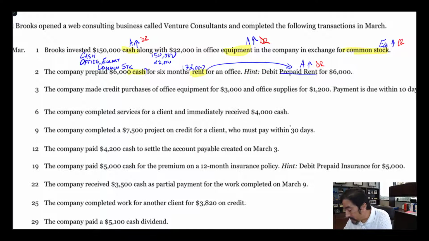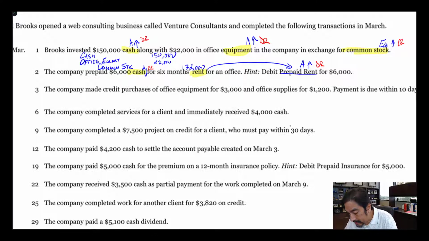Oh, I'm sorry, we're not increasing cash. We prepaid $6,000 cash for rent. So we spent cash. We are decreasing cash. Cash is an asset account. We are decreasing it. We decrease asset accounts with credits. And the amount is $6,000.